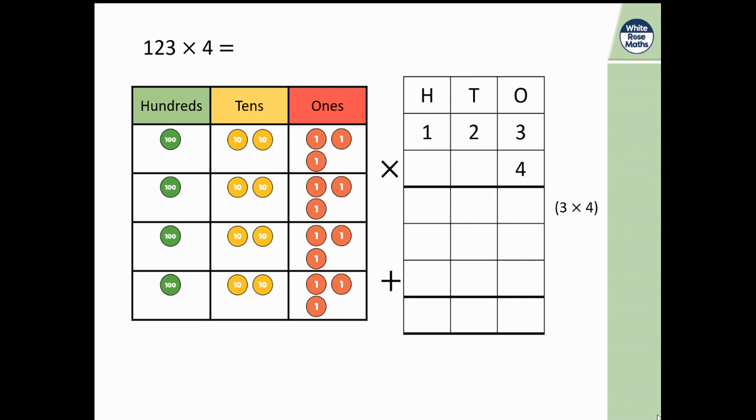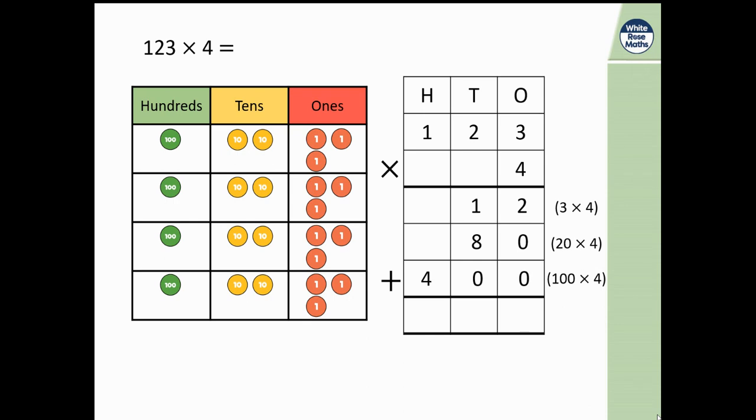So I'm going to first of all do 3 multiplied by 4, my ones, and that's going to give me 12. On the next layer, I'm going to do my tens, so I'm going to write 20 multiplied by 4, and that is 80. And then on my next layer, I'm going to do the 100, so that's 100 multiplied by 4, and that would give me 400.